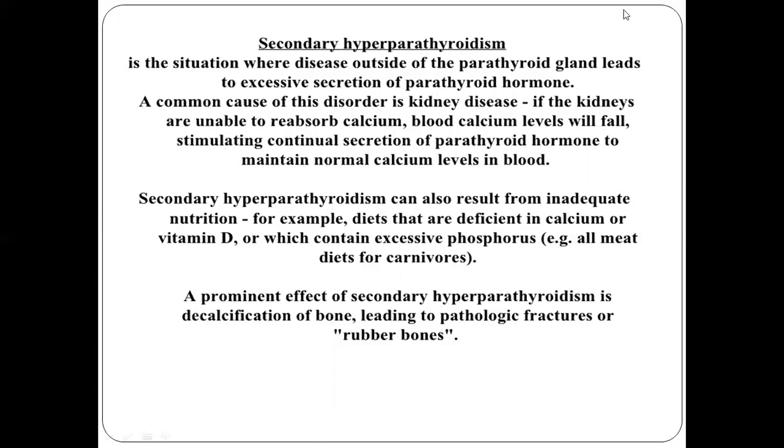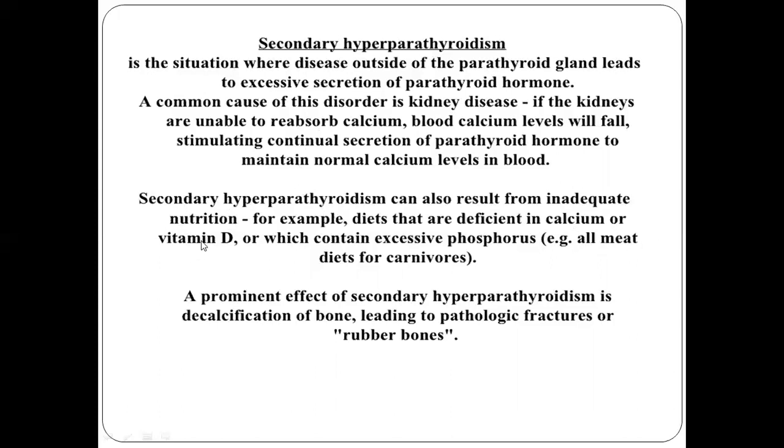So in this condition, the kidney is not absorbing the calcium, so the calcium is very much decreased in the blood. Due to the low calcium in the blood, the stimulus goes to the parathyroid glands, and the parathyroid gland releases parathyroid hormone. What is the other cause of secondary parathyroidism?